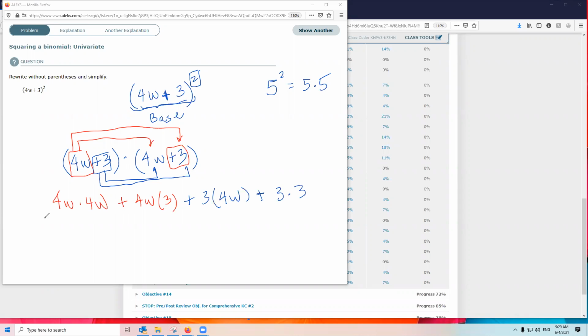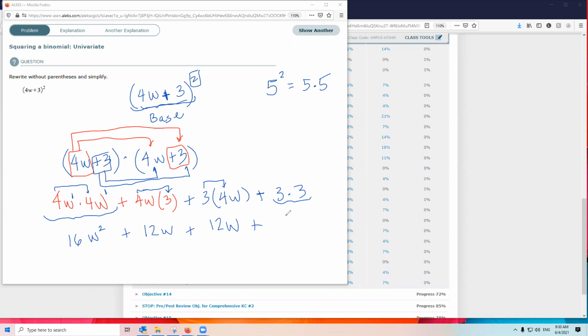Now I'm just going to simplify each one of these. 4w times 4w. 4 times 4 is 16. And I have w to the 1 times w to the 1. Product rule says I should add the exponents, so that's w to the 2. Here I have 4 times 3, that's 12, so that's a 12w. Here I have 3 times 4, that's also 12, so that's another 12w.